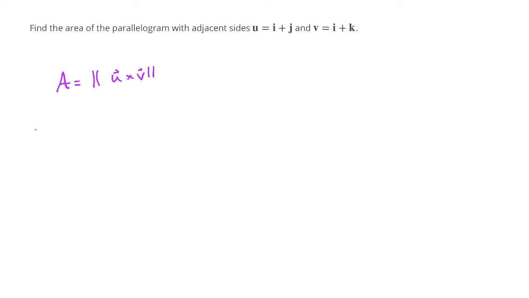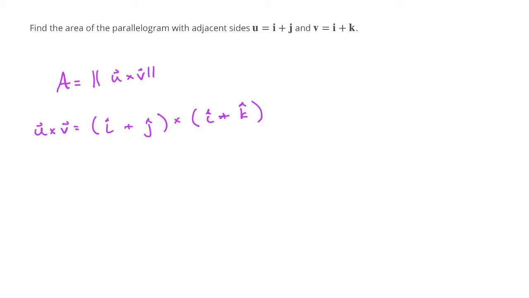And so if we do the cross product for u and v, now we can use the algebraic formulation, so we have i plus j cross a vector i plus k.